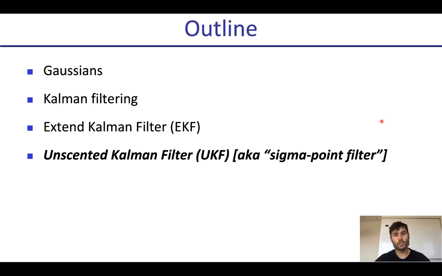What the UKF does instead is approximate the Gaussian of p(y), the Gaussian distribution after the nonlinearity. We do this approximation by sampling a specific set of points. So the approximation, instead of being in the nonlinearity, happens at the distribution level.